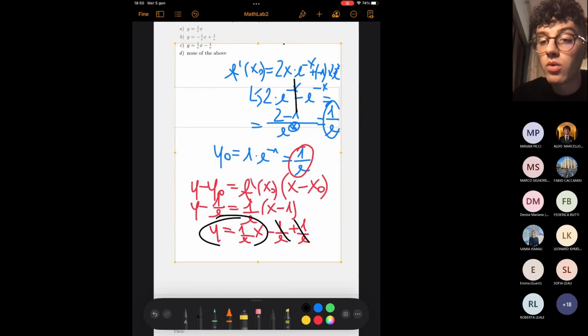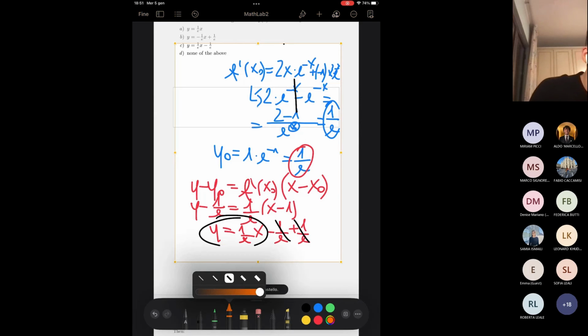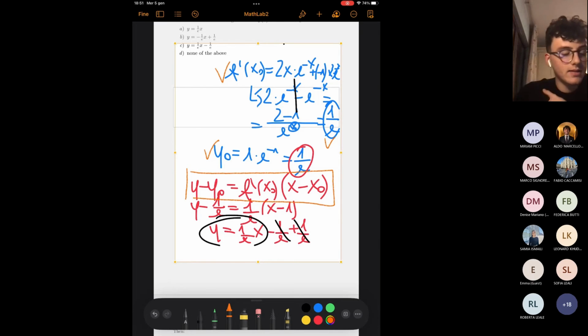If you have, of course, any questions, you can ask me whatever you want because I'm available for everything. But it should be straightforward because we're just recapping a little bit. We first of all calculated the derivative in that point, and so it's basically 1 over e. Then we calculated y0, and then we used the formula to calculate the straight line, which needs, apart from x0, which already was provided by the exercise, also f prime of x0 and y0.